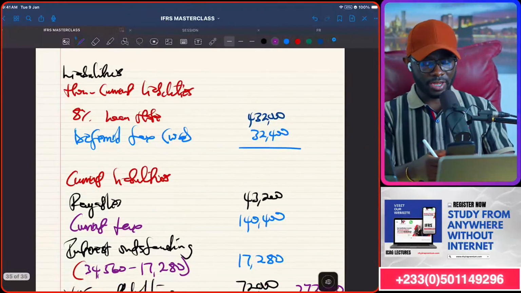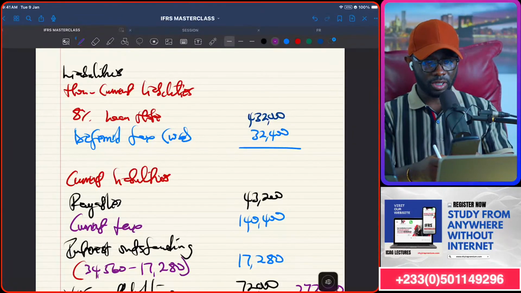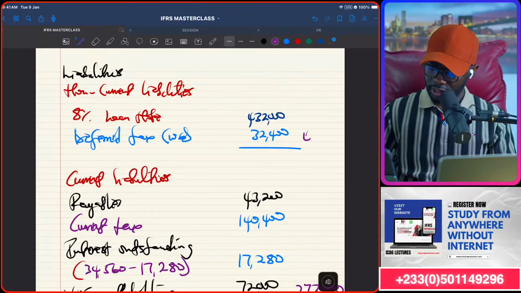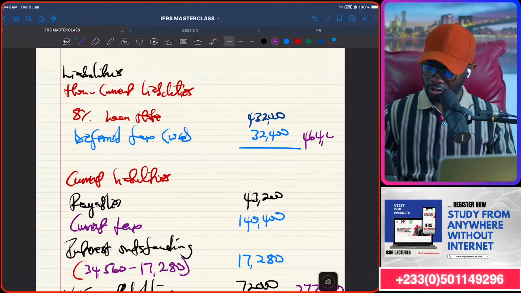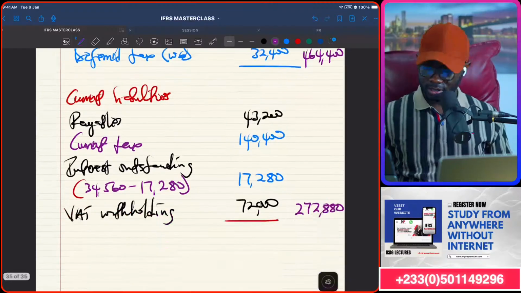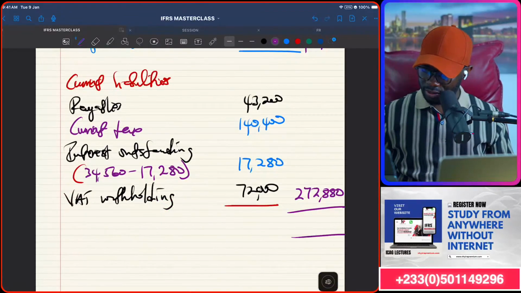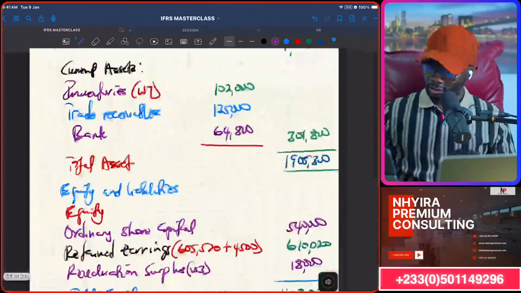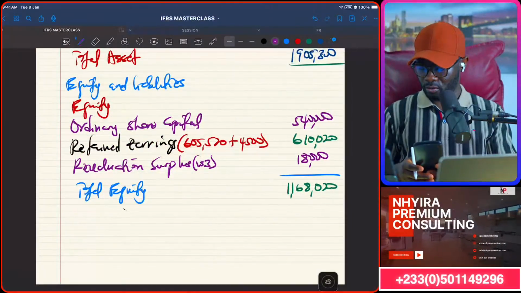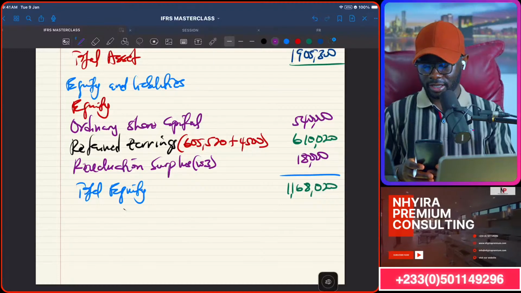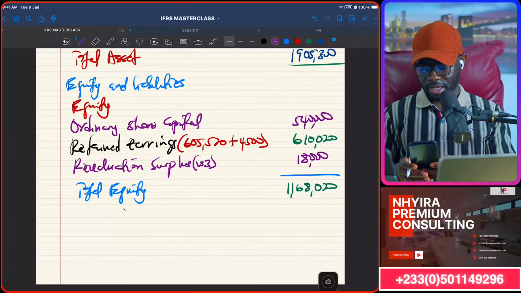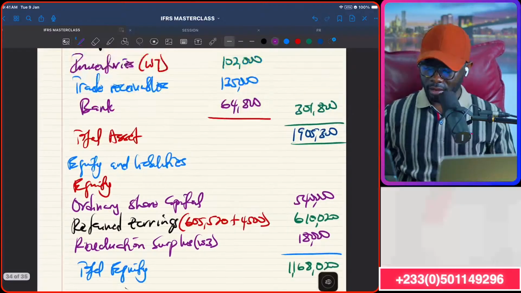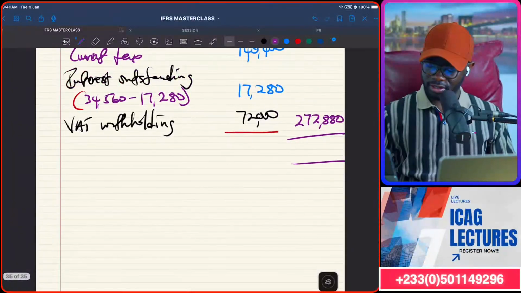The non-current 32,400 plus 4,232,000. That's 464,400. So we add the 3 up plus 272,880. Then the total equity 1168.20. Yep, our balance sheet has balance.